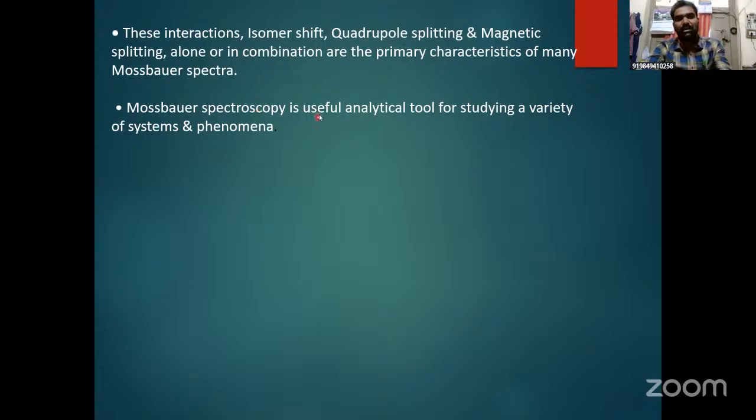Mössbauer spectroscopy is a useful analytical tool for studying a variety of systems and phenomena.